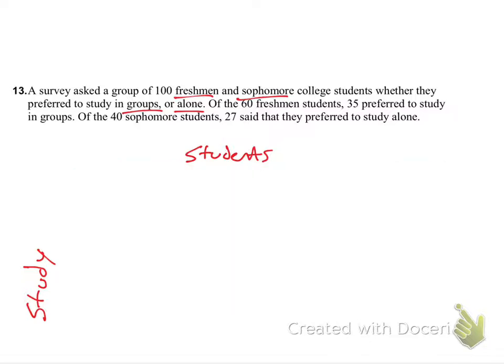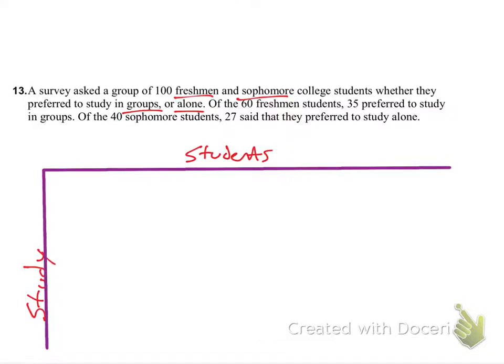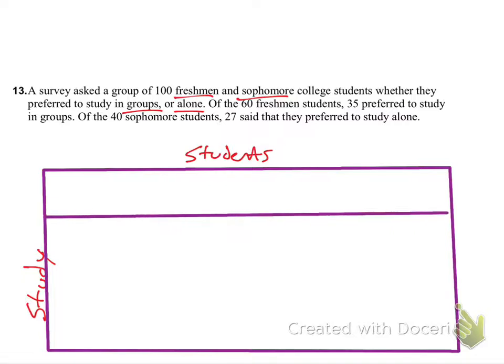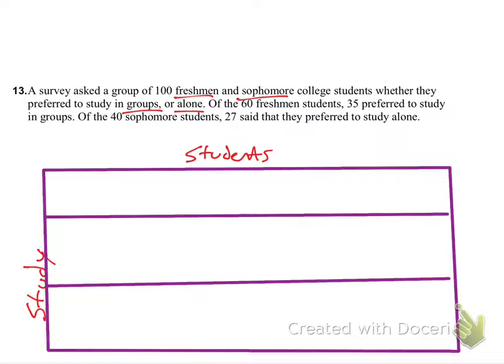So let's make a histogram. One of the easiest ways to do it, when you have two variables of each, is to just draw your lines and know that you have to draw two more in each one. So it's not the perfect two-way frequency table, but you get the drift.